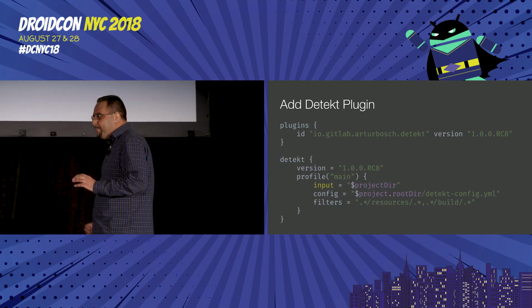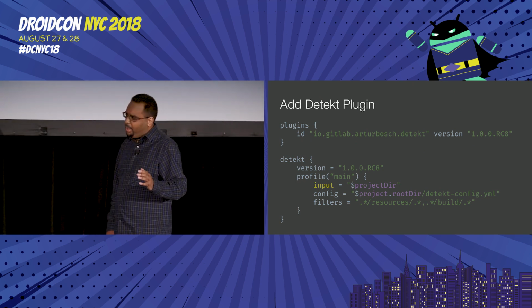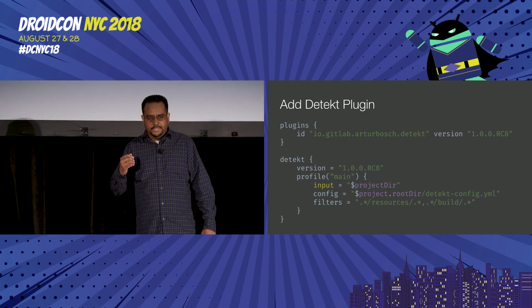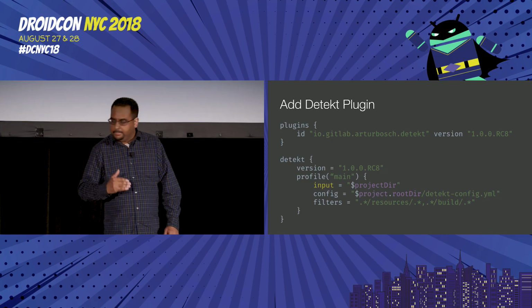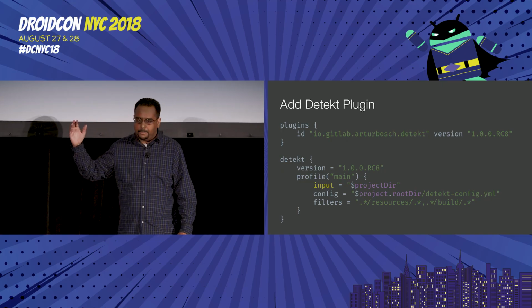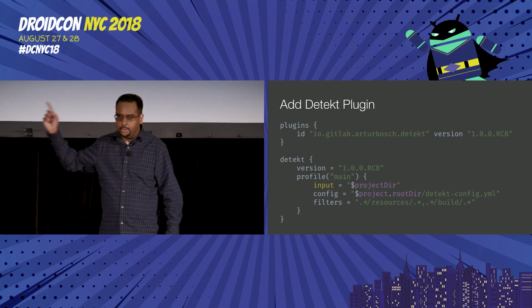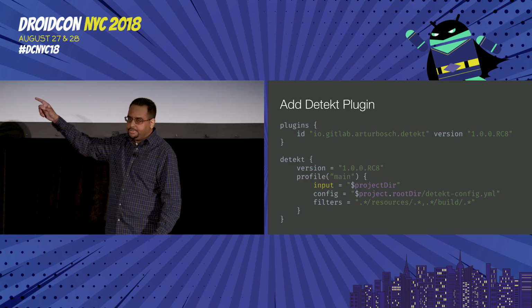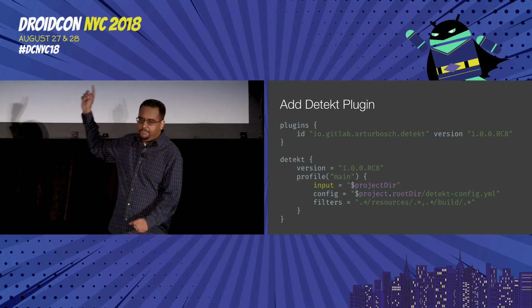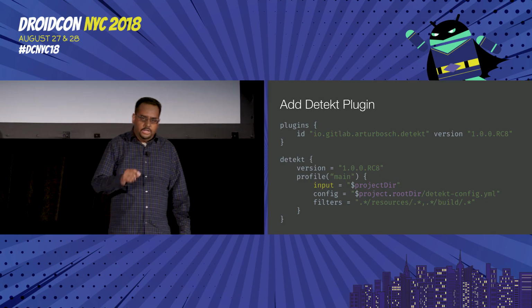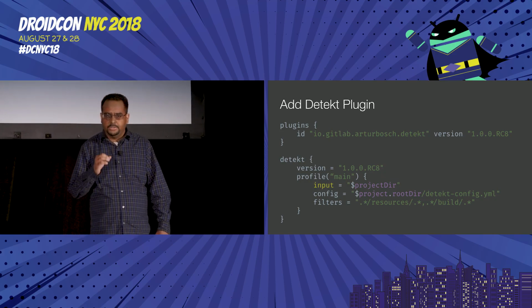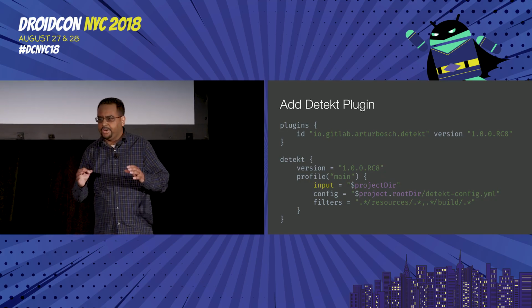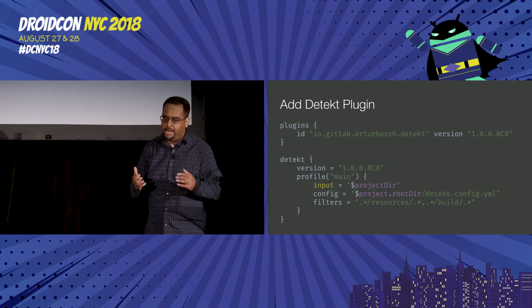First, if I have a multi-module project, which I'm sure all of you do, you're going to add this in the root Gradle file, right? You're going to specify the path to your root source, which is the project directory, and also the path where your YAML file is located. Now, Detekt has a YAML file with default configuration that you could use and customize.